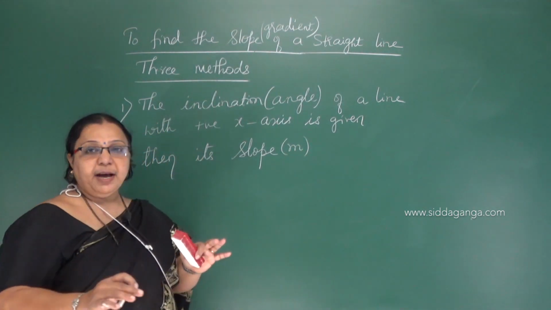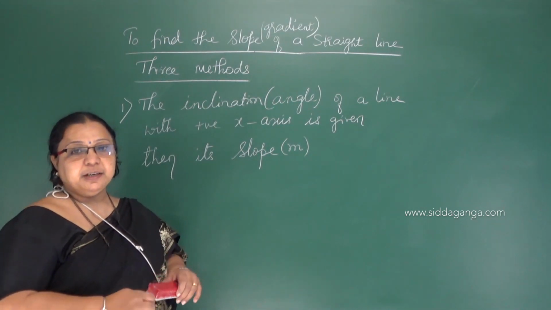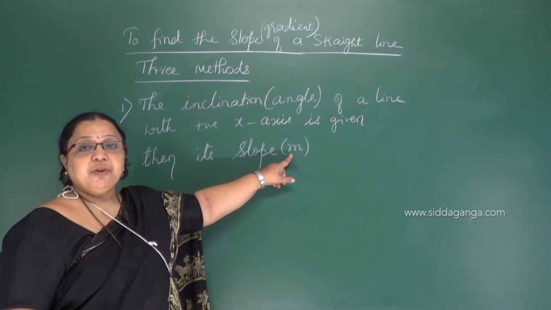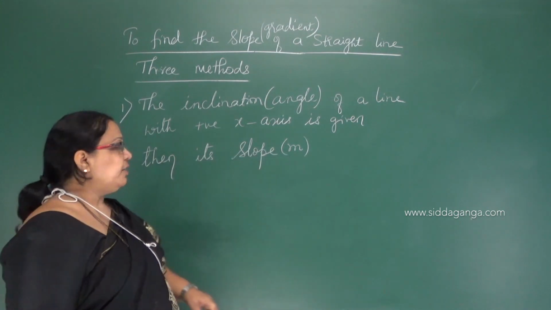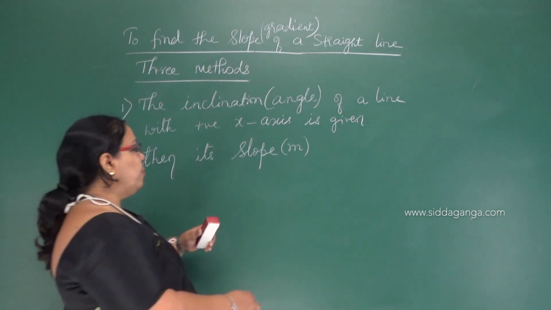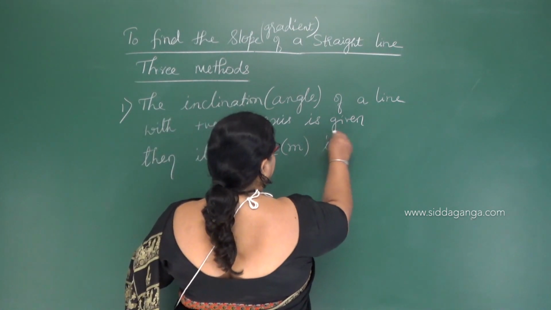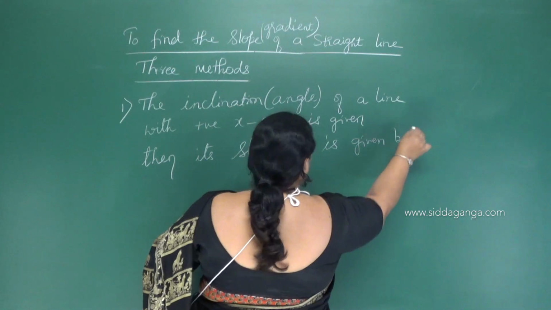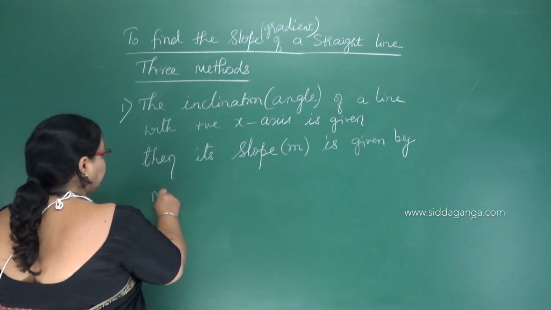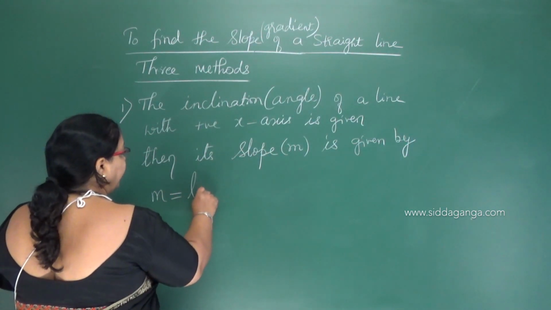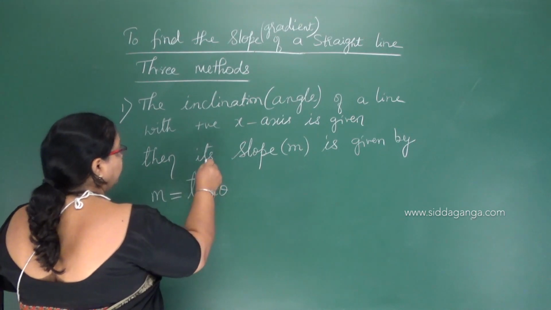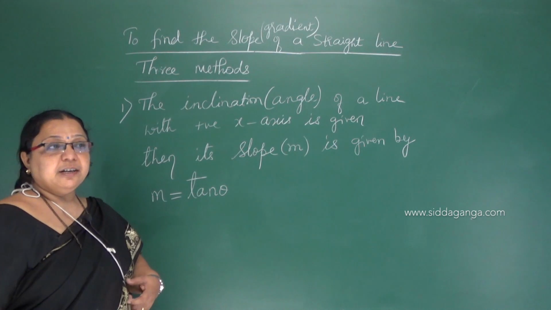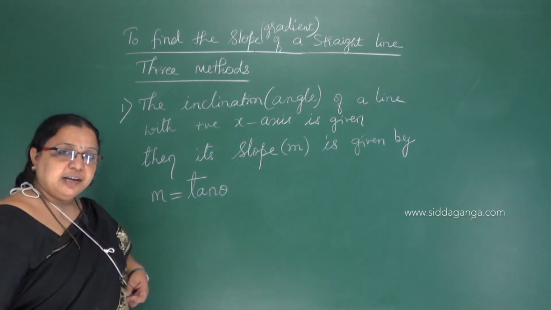In this straight line chapter, small m represents the slope of a line. Then its slope is given by m equal to tan theta. So this is the first formula to find the slope of a straight line.